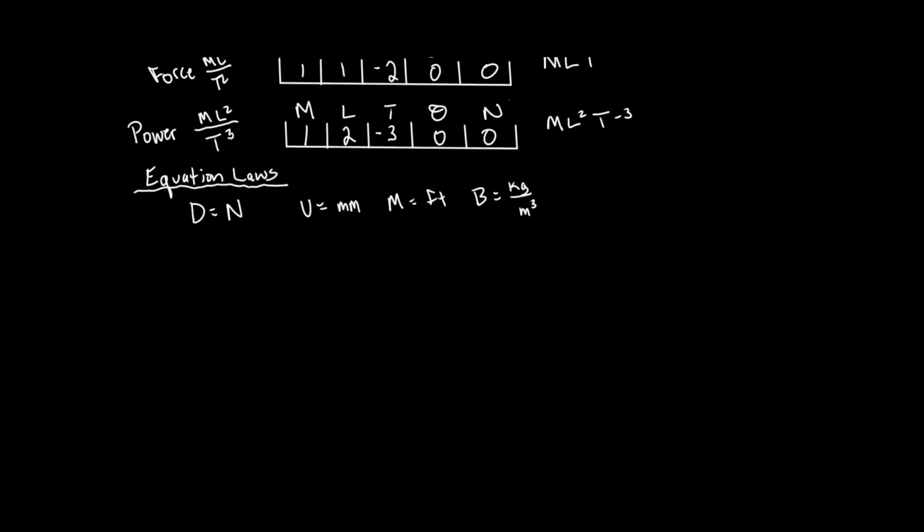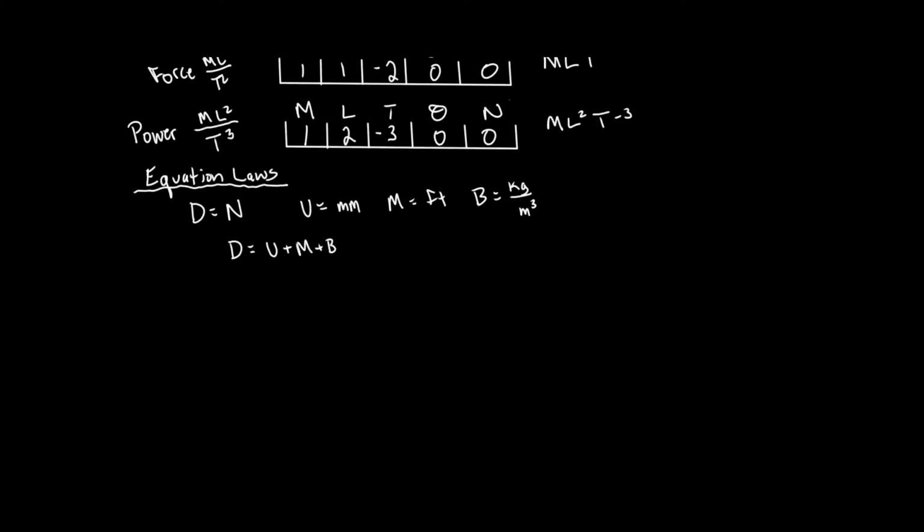Now, let's take the fundamental dimension of all of this. Before that, let's say our equation is d equals u plus m plus b. That's how you fundamentally evaluate this equation. Let's see if this makes sense, if we can actually make this equation work.